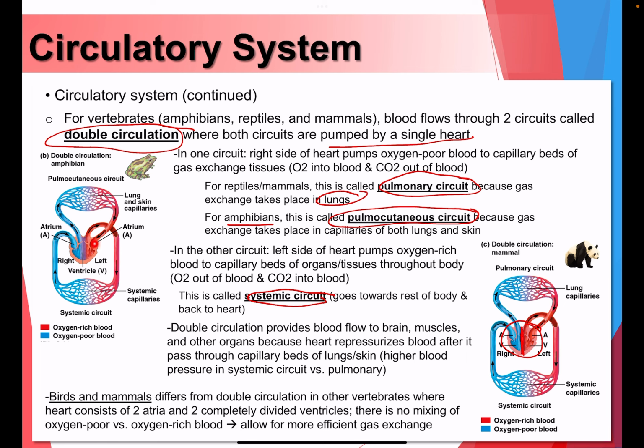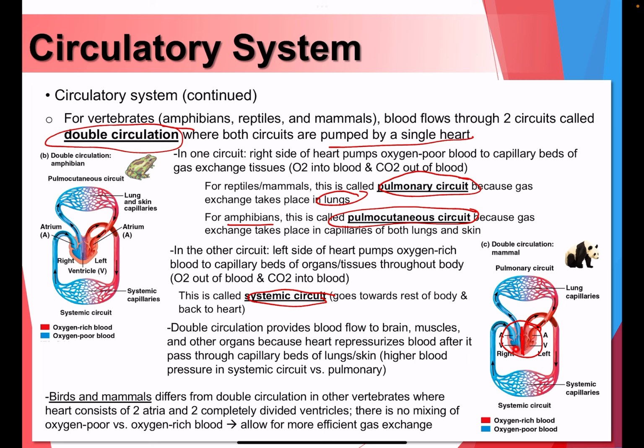When you look at the frog's heart right here, it's actually two atria and one ventricle. There's no solid division between the two halves of the ventricle. So that's why you see this purple color going on here, which means that there's some mixing of oxygen-rich blood with some oxygen-poor blood.